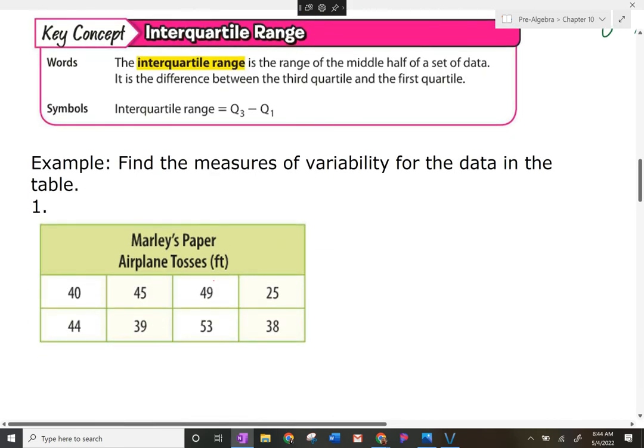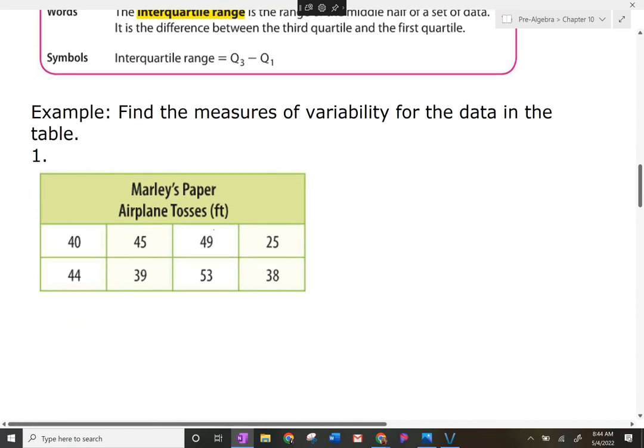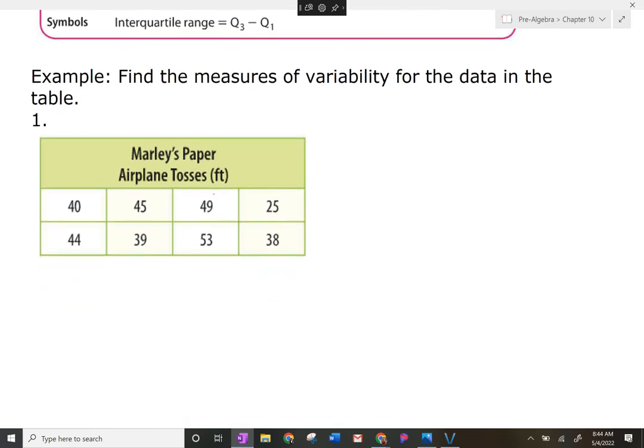So I'm going to look at this one, and here's how we're going to set this one up. This will be our first one we do together. The very first thing I'm going to do is put all of these in numerical order. So we've got Marley's paper airplane tosses.